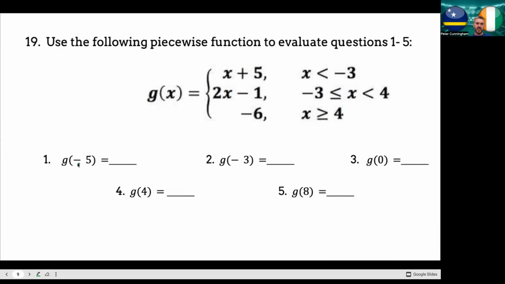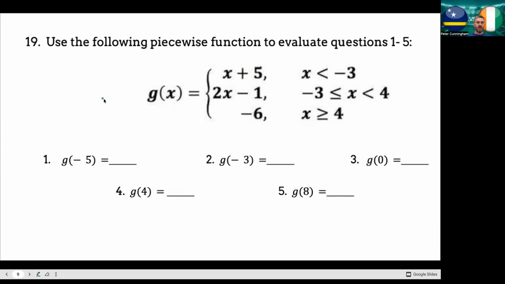Okay. G of -5, that's saying when the x is -5. So find the rule where -5 would apply. -5 is not greater than 4. It's not between -3 and 4. It is in fact less than -3. So I need to follow this rule for number 1.